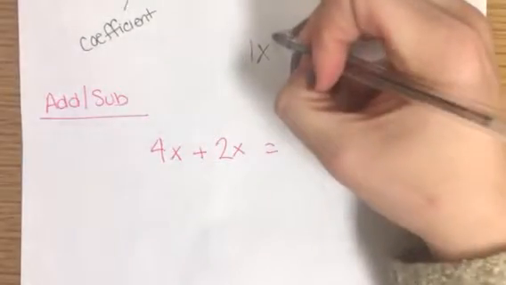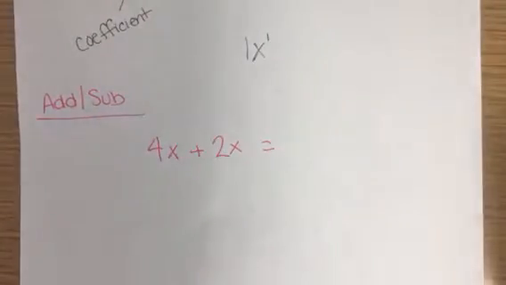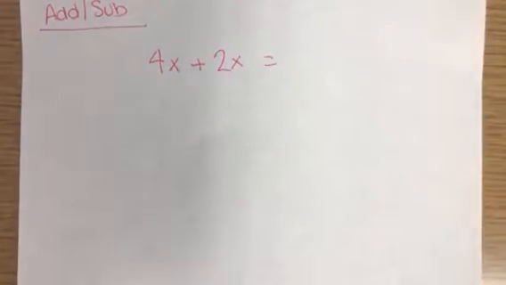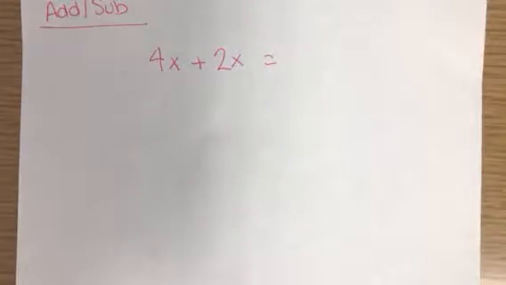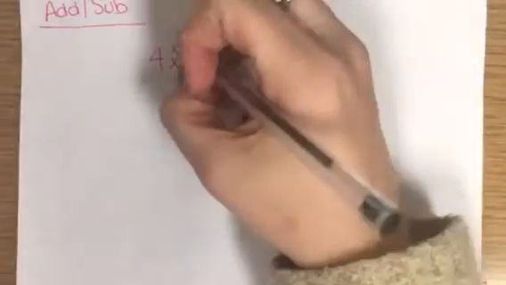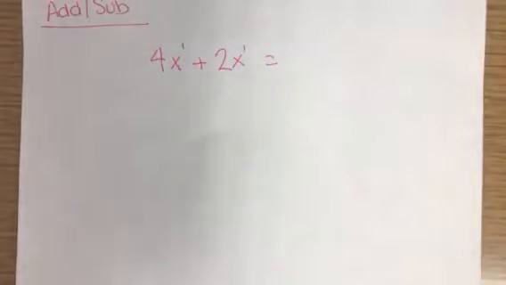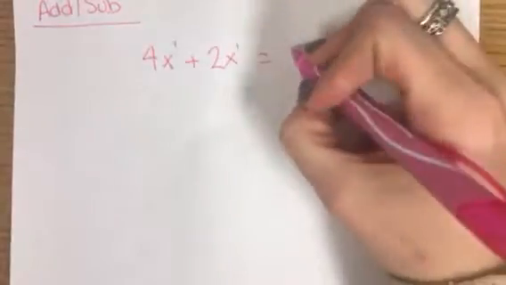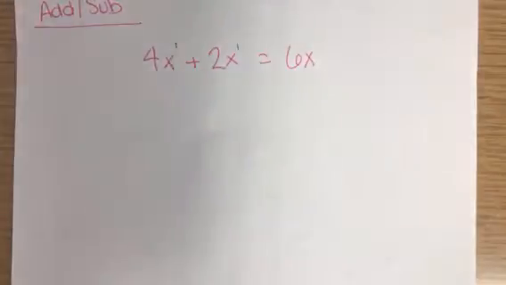But we also know that even though we don't see it, there's also an exponent of 1 happening there. So when we're looking at 4x plus 2x, we're actually looking at 4x with an exponent of 1, 2x with an exponent of 1, and we know that 4x plus 2x gives us 6x, or 6x with an exponent of 1.